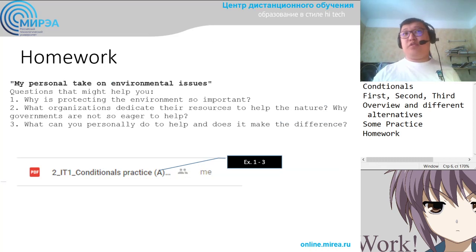I remind you that you have to write your essays about environmental issues, and it would be really great if you would use some conditional sentences in your essay, like imagine or discuss some situations, what will happen or what would happen or what could happen if something changes, something changed, if you consider that unreal.